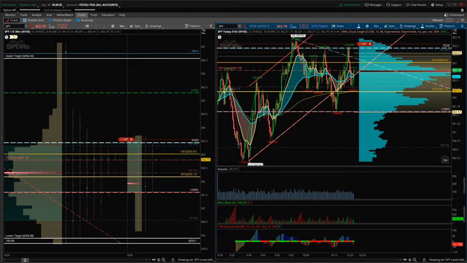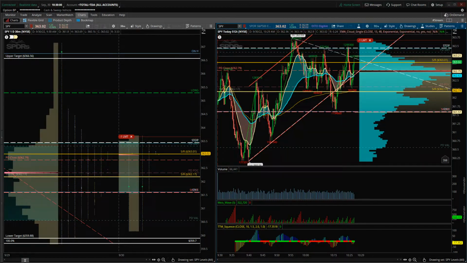This price action is disgusting. Wacky bonds.